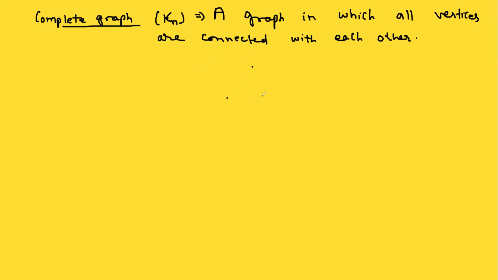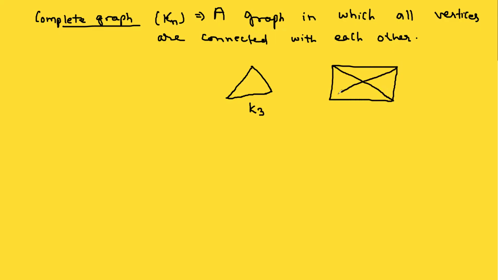For example, this is a complete graph with three vertices. A complete graph with four vertices means each vertex is connected with all the other vertices. This is K4.